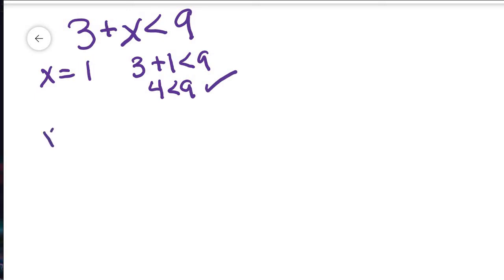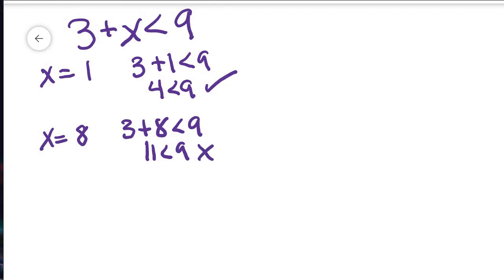All right, what if we did x equal to 8? Then we have 3 plus 8 less than 9. 3 plus 8 is 11, less than 9. 11 is not less than 9. So no, can't be 8.